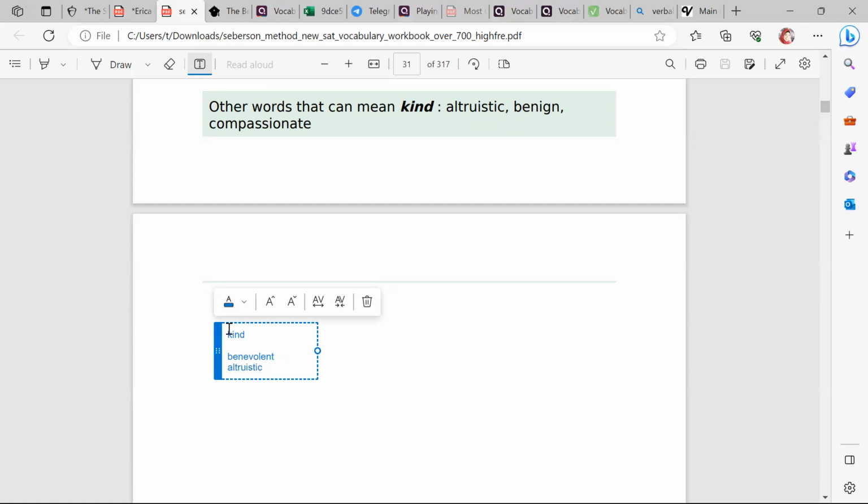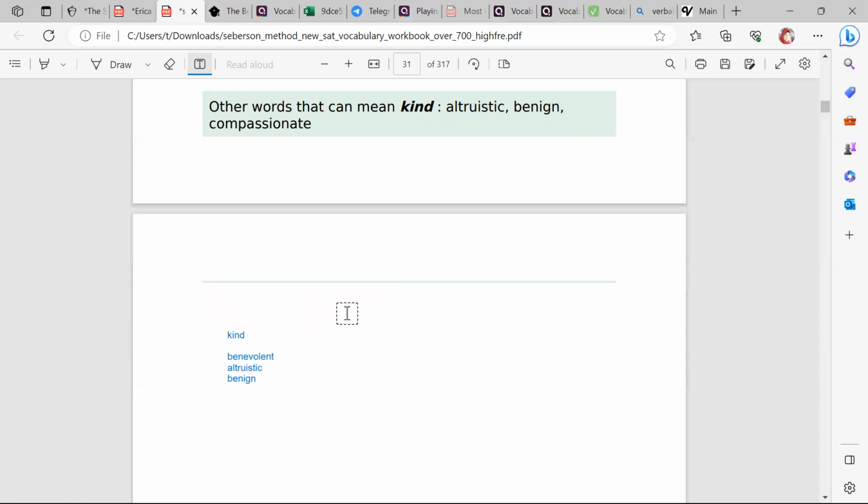Altruistic appeared a couple of times on the digital SAT. Also benign, and be careful because the G is silent, and compassionate, and so on. You can list them in your copybook or in your presentation, whatever you want, in order to refer to them whenever relevant.